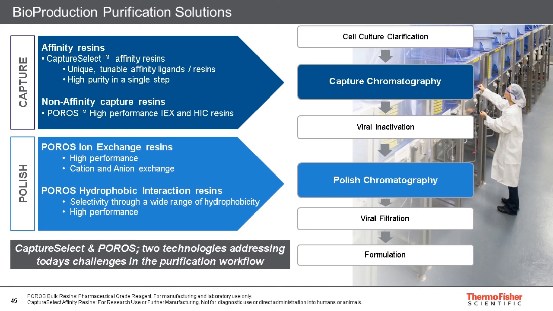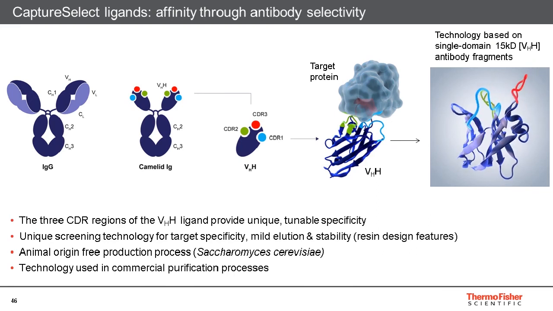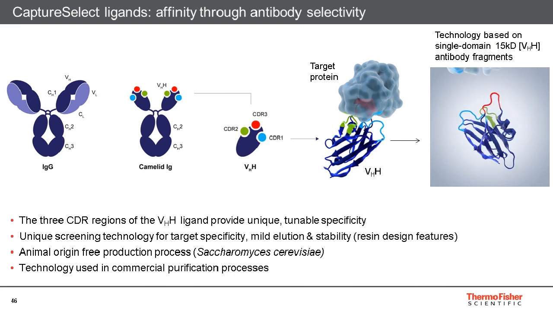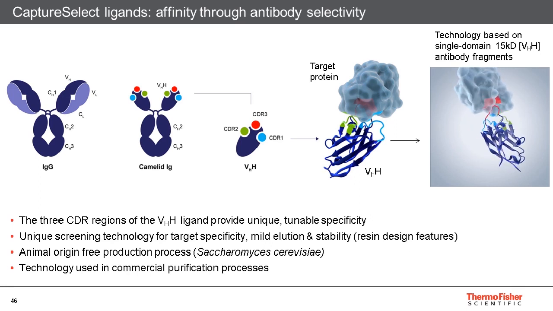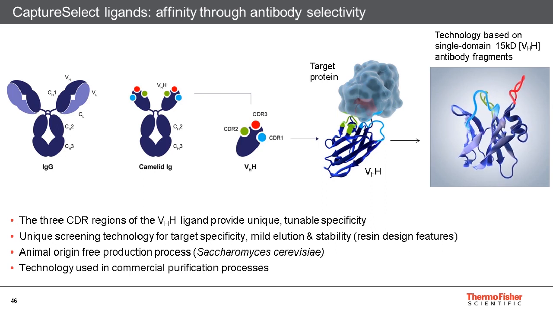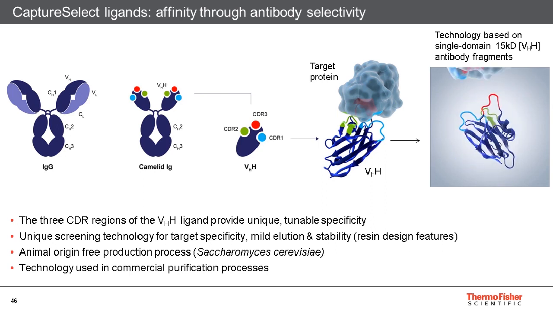This is what our CaptureSelect technology allows, to have that kind of process simplification on any biomolecule, because it provides custom affinity. I'm going to give you a quick word about this. For other steps, it can be polishing or alternate modes of capture, and other solutions than custom affinity are also possible. CaptureSelect ligands are really the tunable affinity solution, now very proven in some segments of the market.